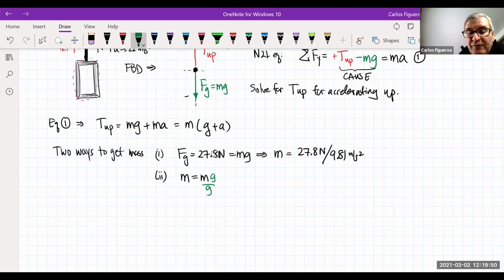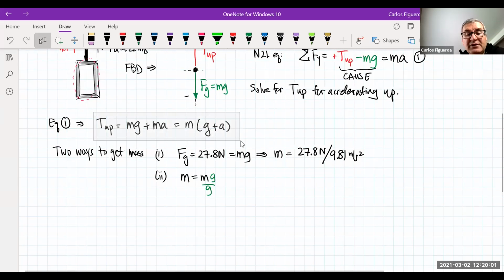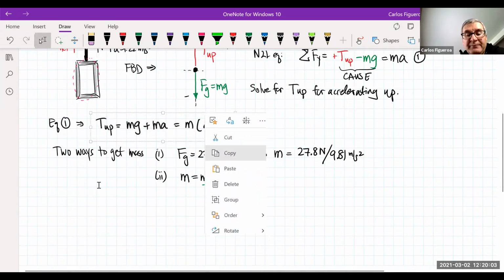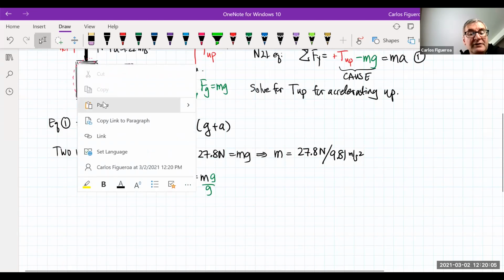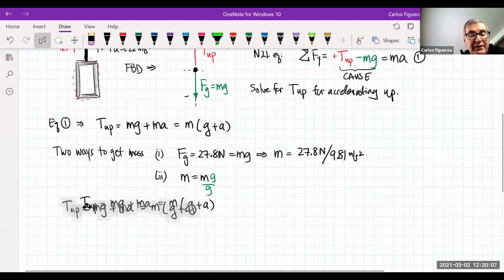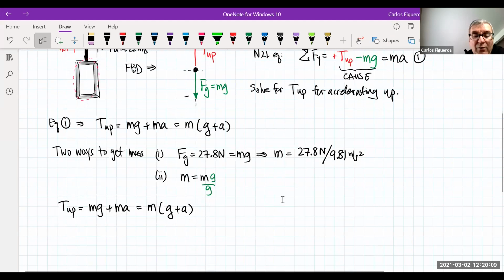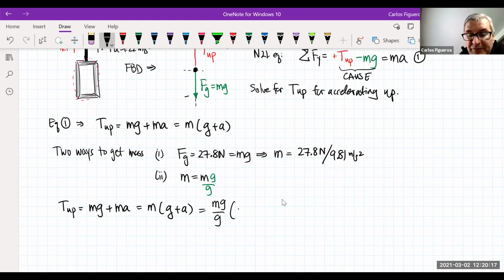I know the value of mg, it's 27.8, and of course I could put that in. So when I do this calculation, I plug this into here, and I replace the mass term like this: mg divided by g, times g plus a.